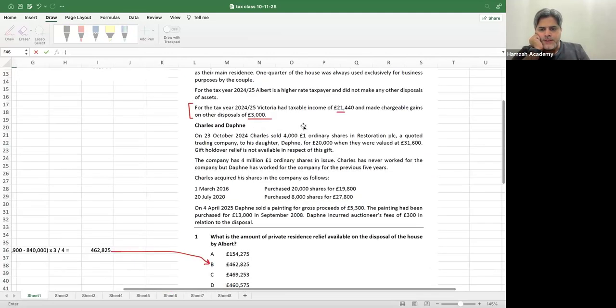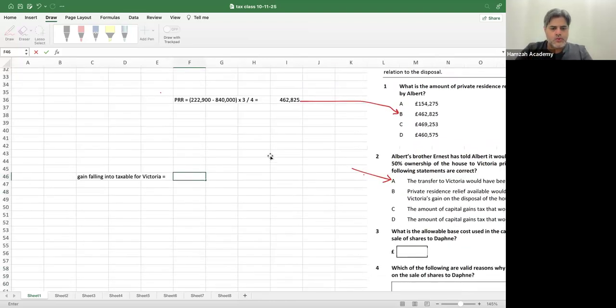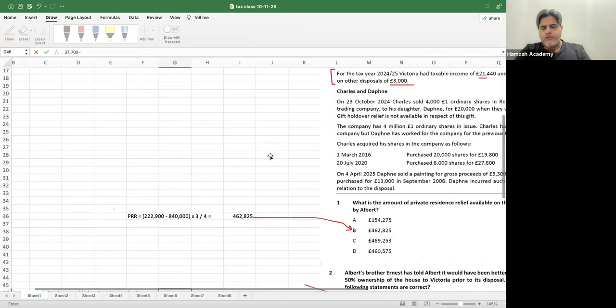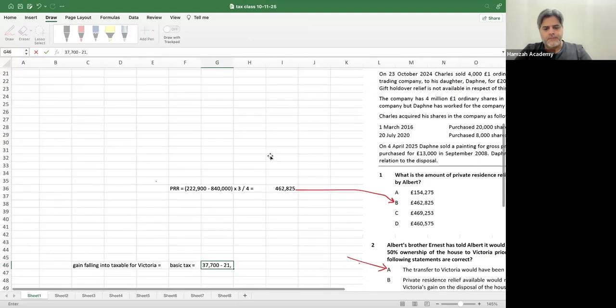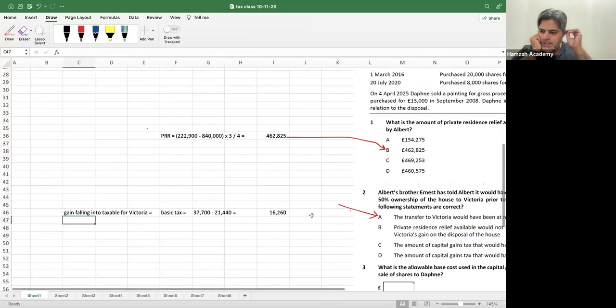If we see over here, she has an income of 21,440 taxable income. So basic tax is 37,700 minus 21,440. Then that's going to be 37,700, 21,440. We are going to get this 16,260 over here, right?